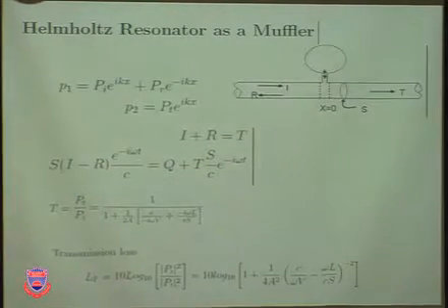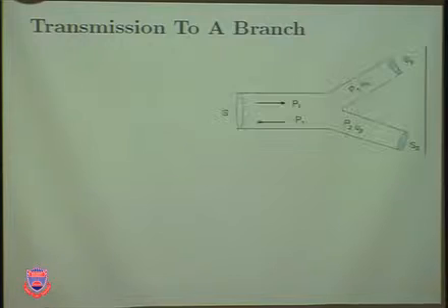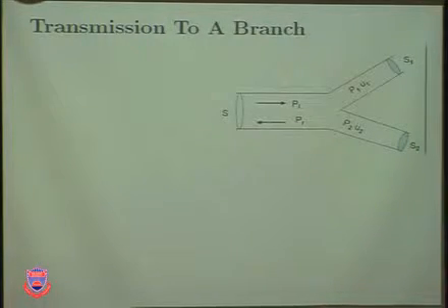A different but related topic is transmission of sound into branches. Well, let me first start with this very simple concept about how the impedances are related. The first thing we do is write the expressions for a pressure field.